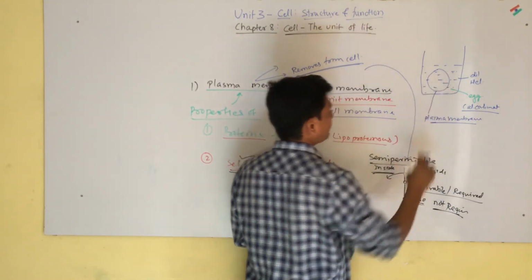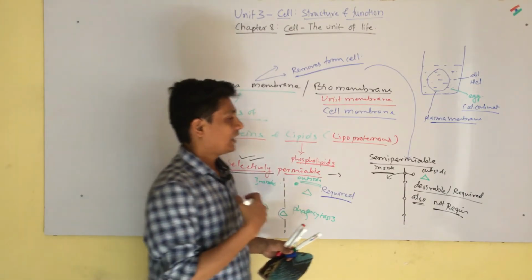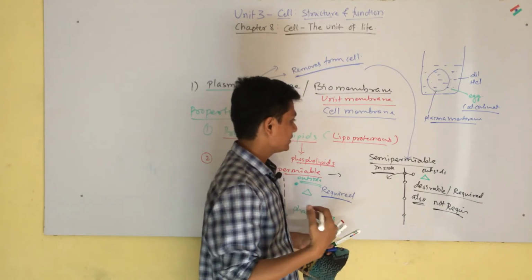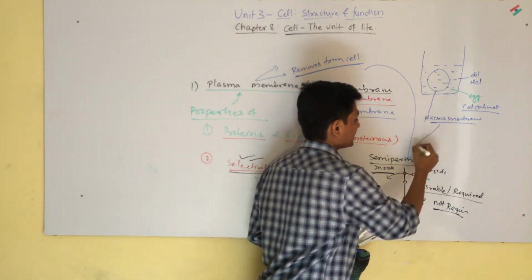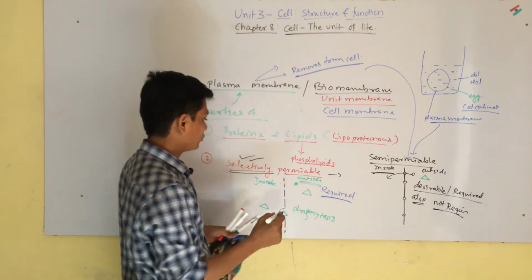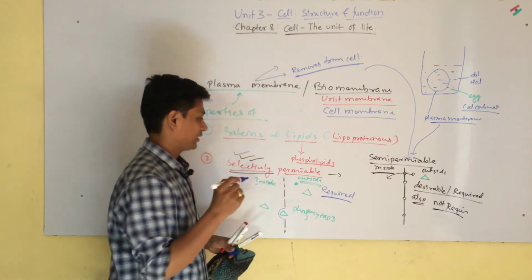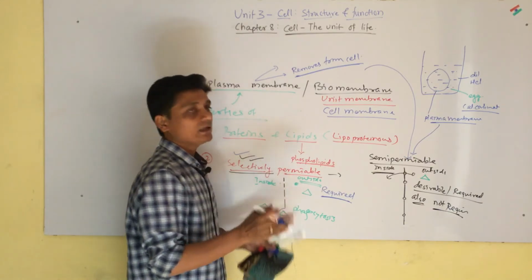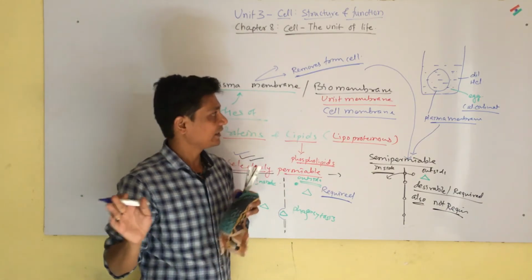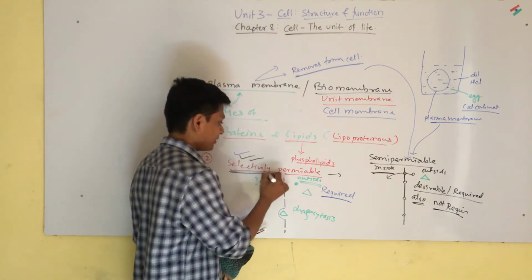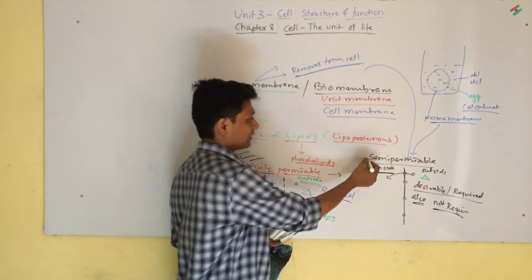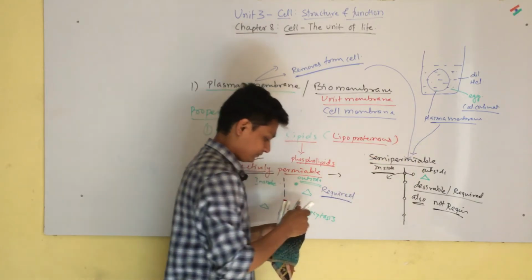If I take this plasma membrane for some activities, then this plasma membrane acts as a semi permeable. It loses its selectively permeable nature. Means when the plasma membrane is intact in the cell, it acts as selectively permeable, and if it is removed from the cell, then it acts as semi permeable.